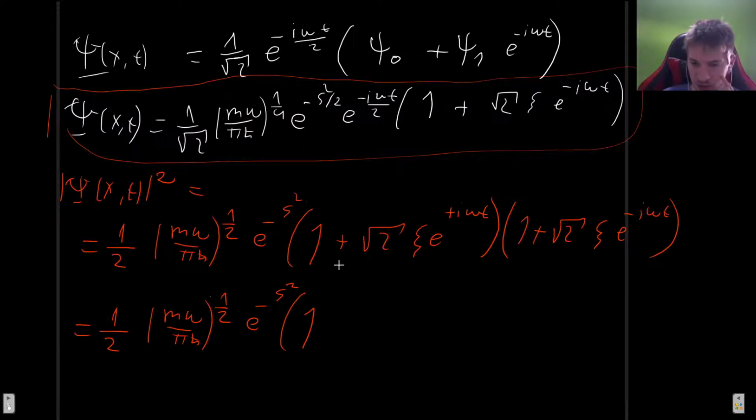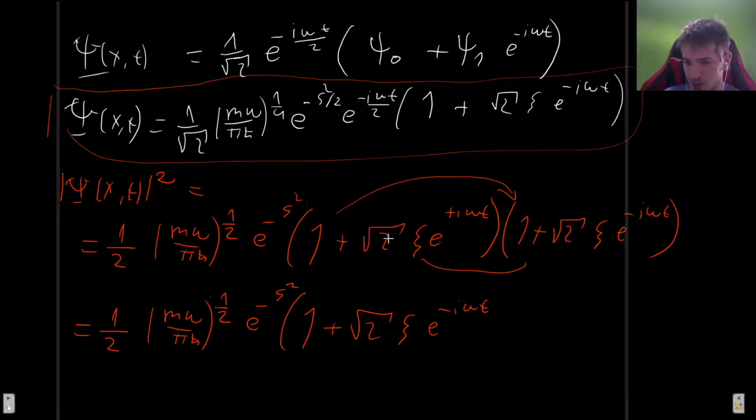Okay, so when we multiply the first part, 1 times 1 is 1, no big deal there. Then, just in case someone is not quite clear with this, when we multiply 1 times this right here, we get √2 ψ e^(-iωt).